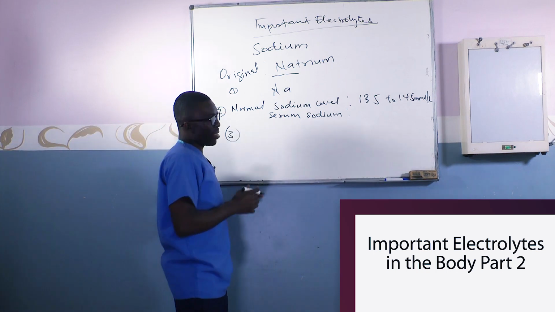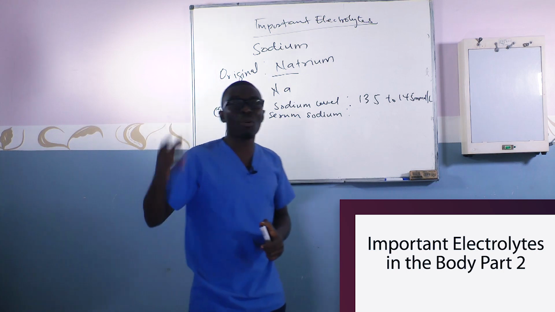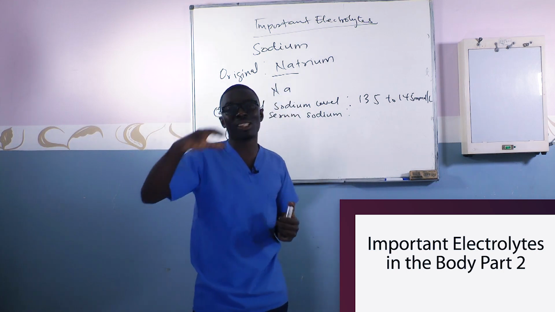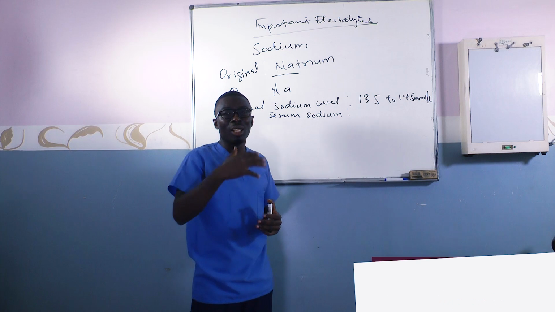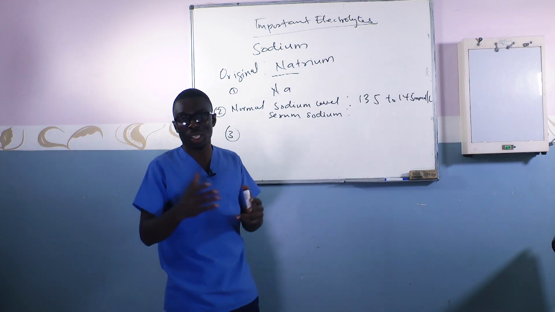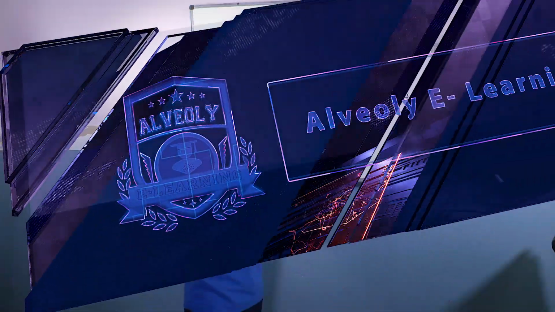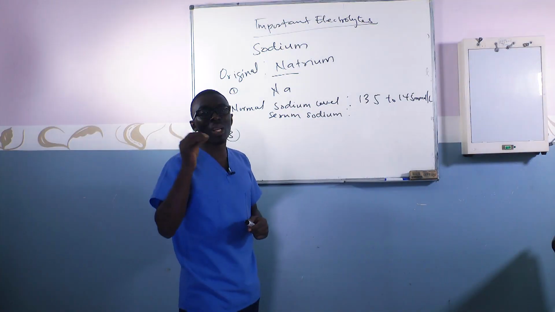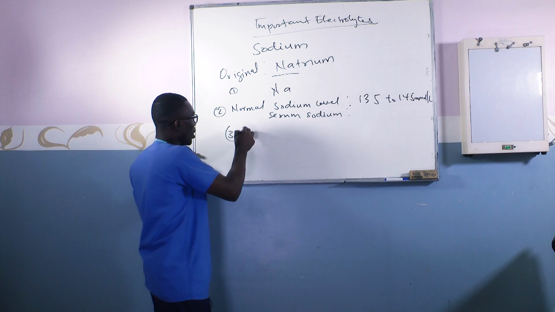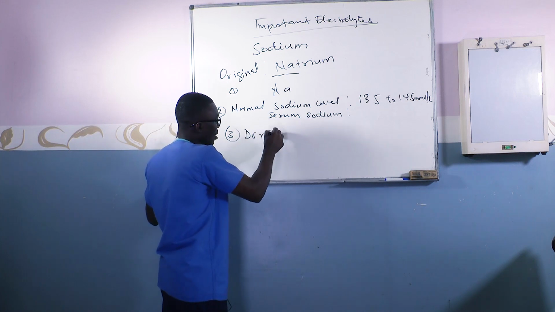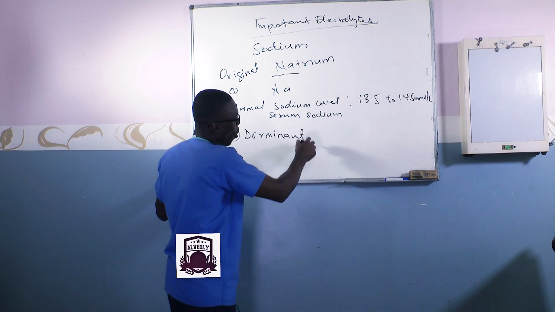When you look at the cell, I explained in our previous lesson that the fluid within the cell is known as intracellular, and the one outside the cell is known as extracellular.